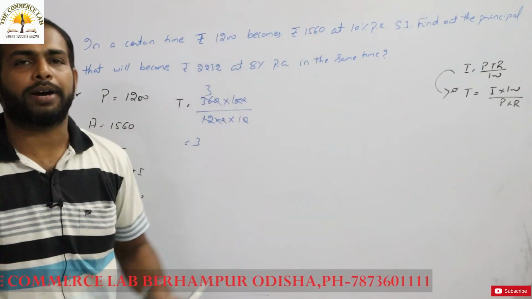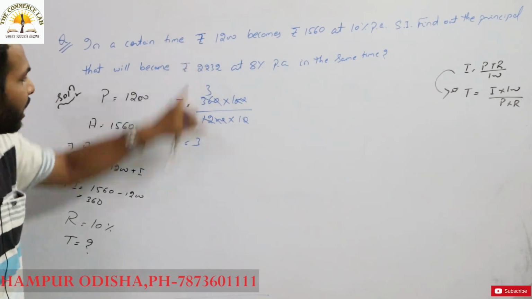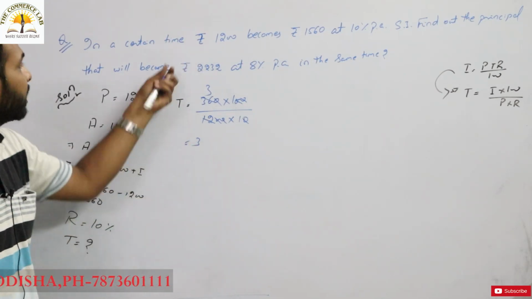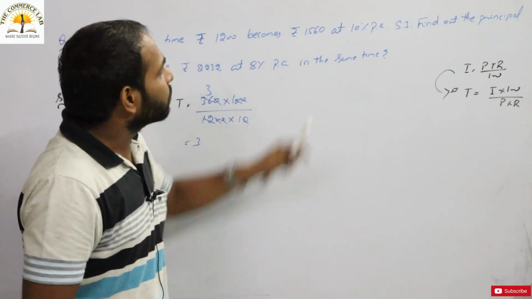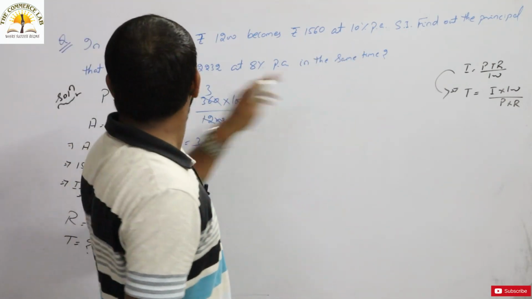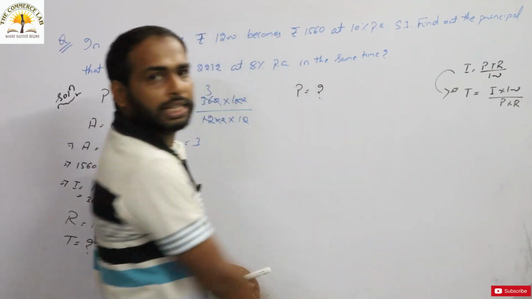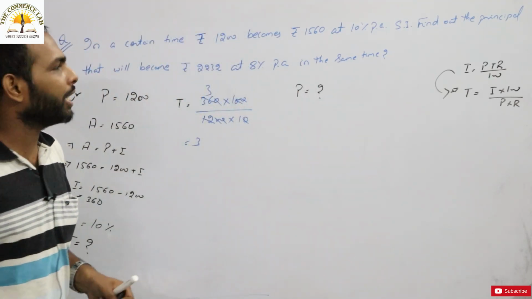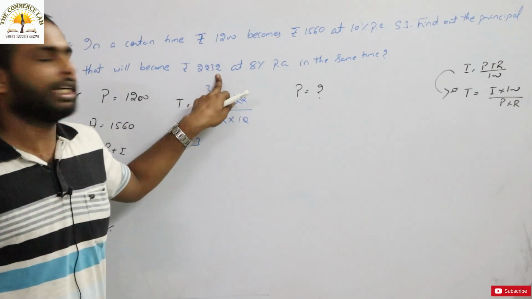Then come to the second part. The first part was given to find out T only. Then come to the second one. In the second one, find out the principal. That means we have to calculate P. Find out the principal that will become 2232 rupees.